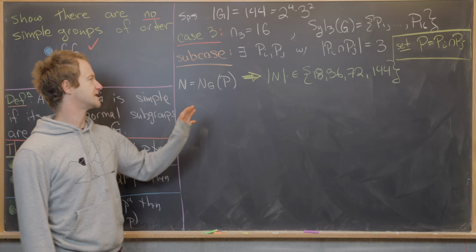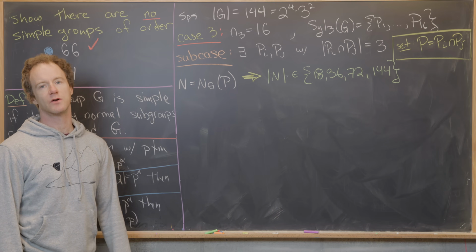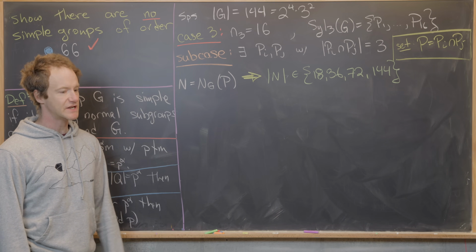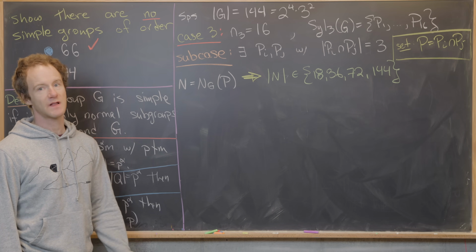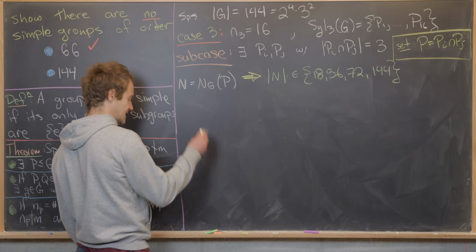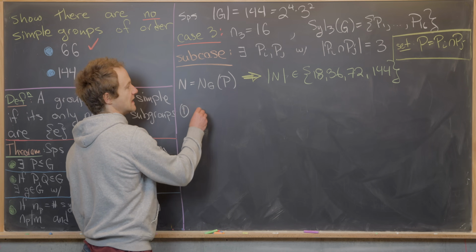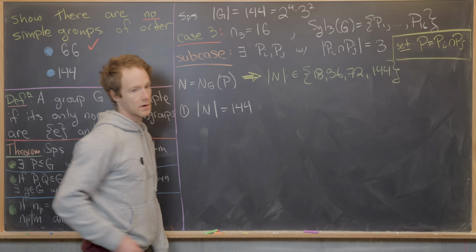So in the last board, we determined that the size of this normalizer was 18, 36, 72, or 144. Now we're going to look at each of those possibilities and see that each of those possibilities implies that we have some sort of normal subgroup. So let's maybe start with the easiest case, and that would be if the size of the normalizer equals 144.